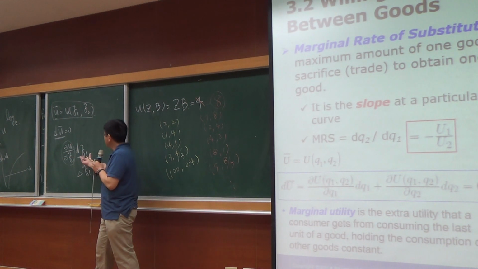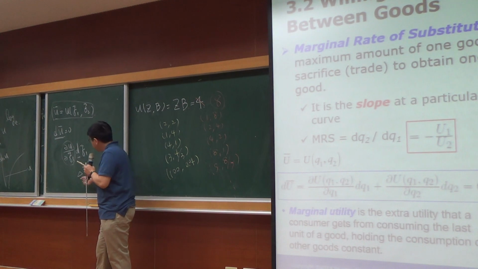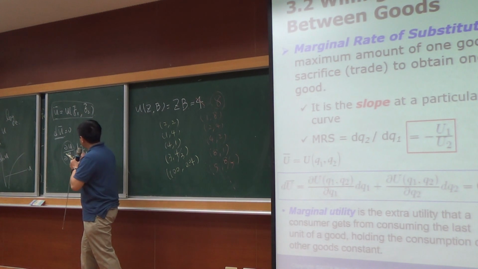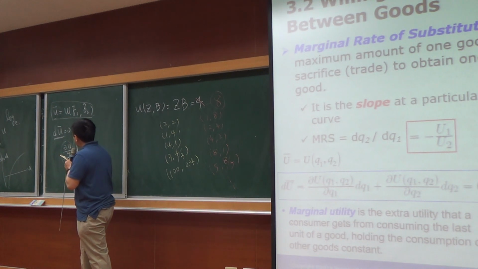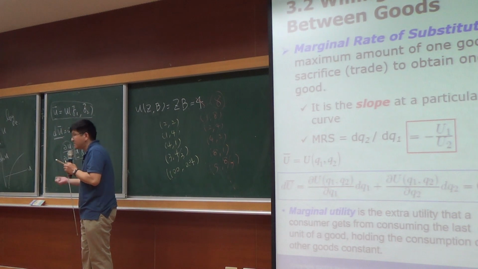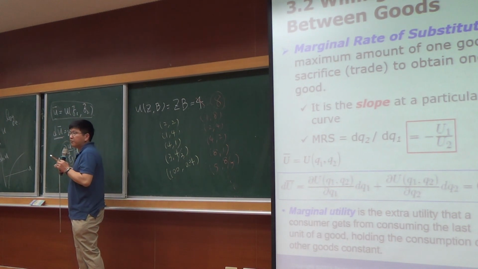Appreciate it. dQ1 or delta difference of Q1, which means the change in Q1, right? So this is the change in Q1, and this is the effectiveness or the influence per unit of Q1.